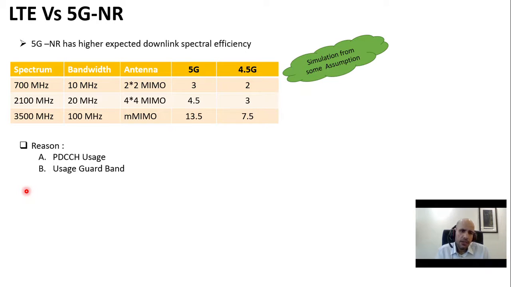The second reason is the usage of guard band, which I mentioned in the previous slide about filtered OFDMA, which uses less bandwidth for the guard band in 5G technology. The third reason is the TBS concept. As you already know, 4G has one TBS, whereas NR uses the concept of CBG, the code block group, which divides the TBS into small groups.